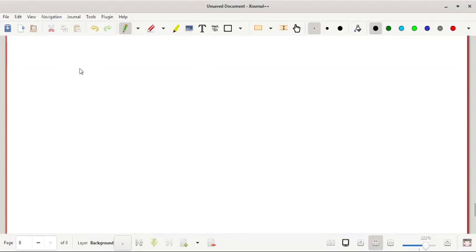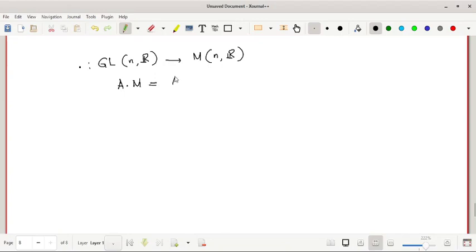We defined an action from GLnR to MnR by A dot M is equal to simply the matrix multiplication AM, for every A in GLnR and for every M in MnR.